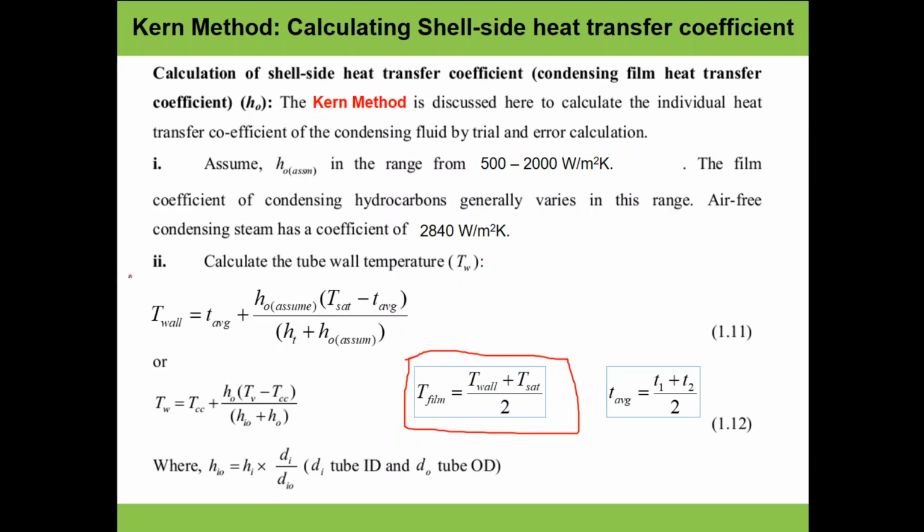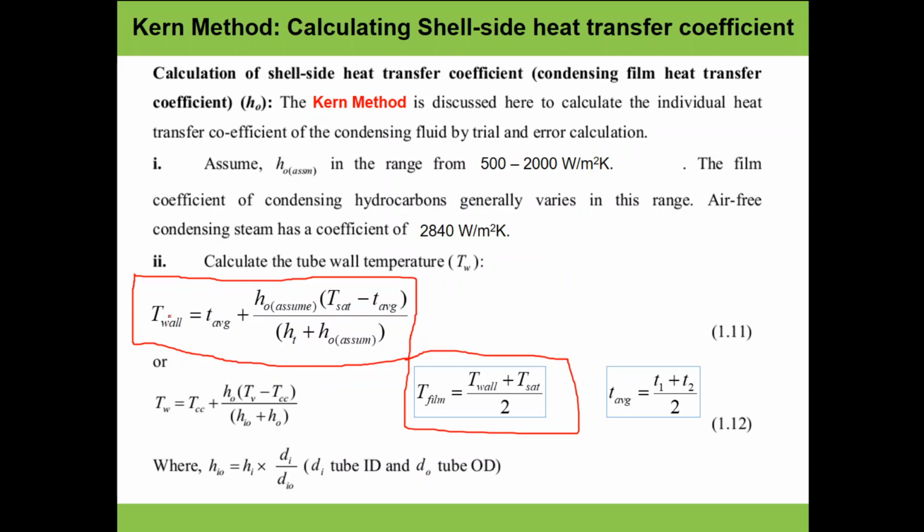When we set up the equality of the heat transfer from the inside heat transfer coefficient to the outside heat transfer coefficient, we can obtain this kind of expression. Using this expression we can find the wall temperature.